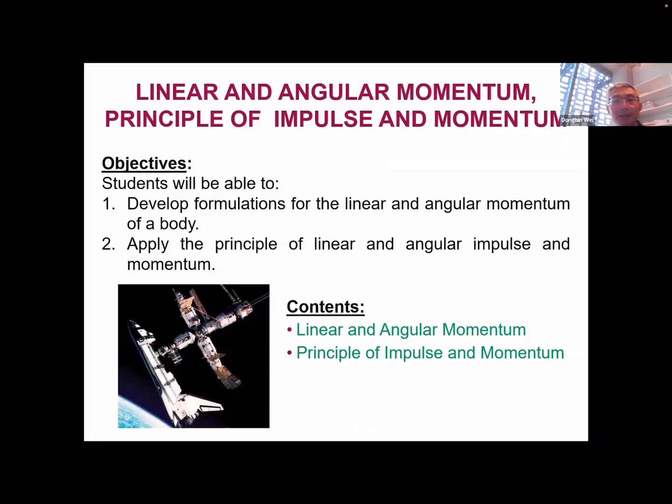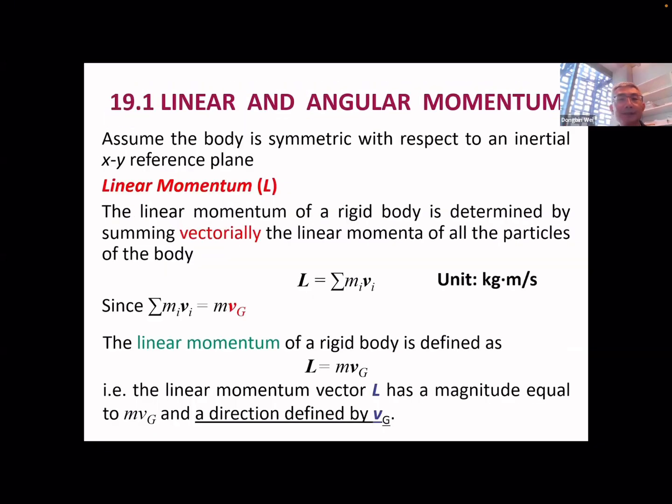In the first part, we will learn how to define and calculate linear and angular momentum for a rigid body. And then, in this first part, we will study the principle of impulse and momentum for linear and angular momentum.